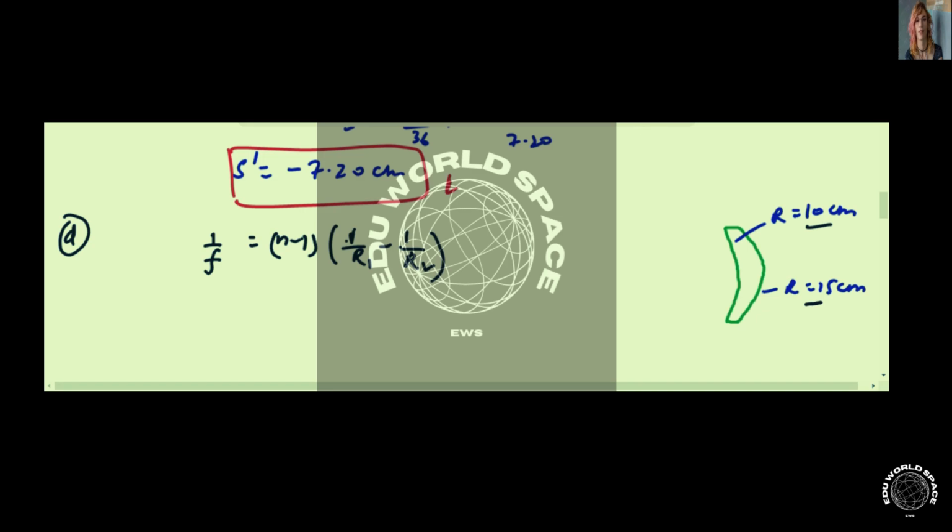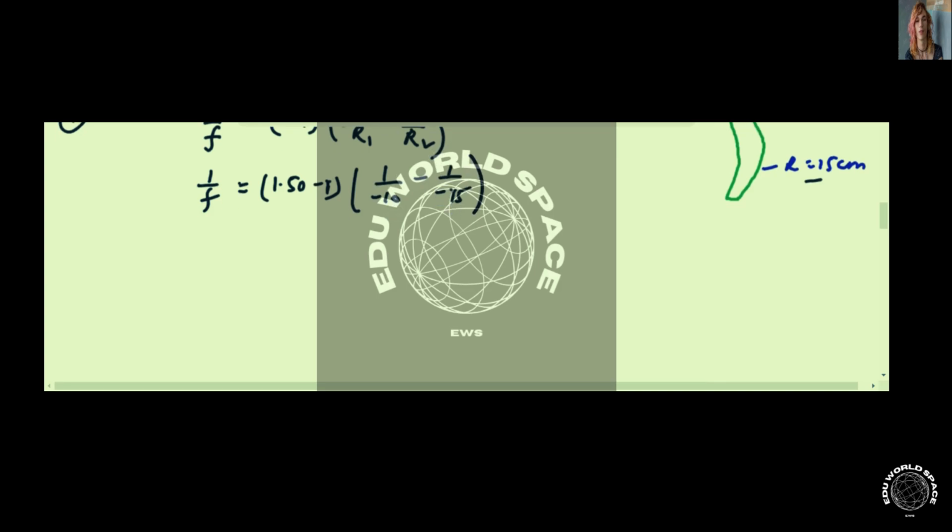So in this case 1 by f will be equal to 1.50 minus 1 into 1 by r1, that is minus 10, and minus 1 by r2, that is minus 15 centimeters. So this will be 0.50 into minus 1 by 10 plus 1 by 15. 0.50, this is 30, this is minus 3 plus 2.